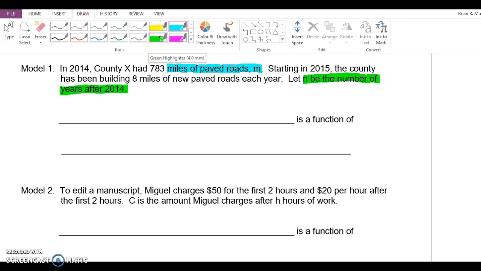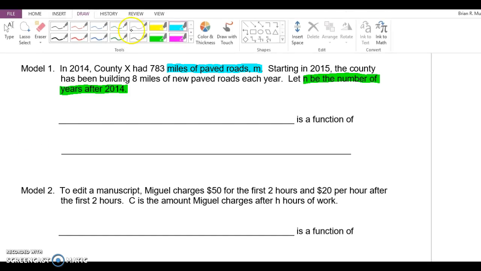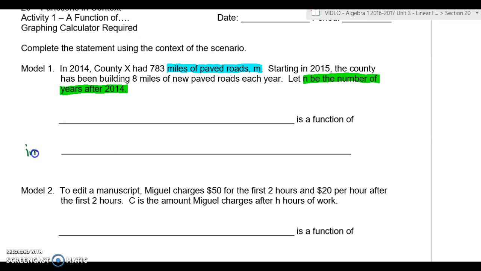notice it says is a function of. So that's a tip-off to me that our input here will be on this line. A function of whatever the input is. And then the other part, the beginning of it, is the output. We want to know what is being affected and what is affecting it.